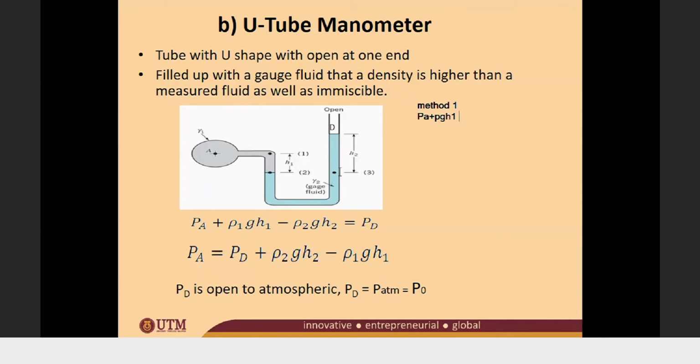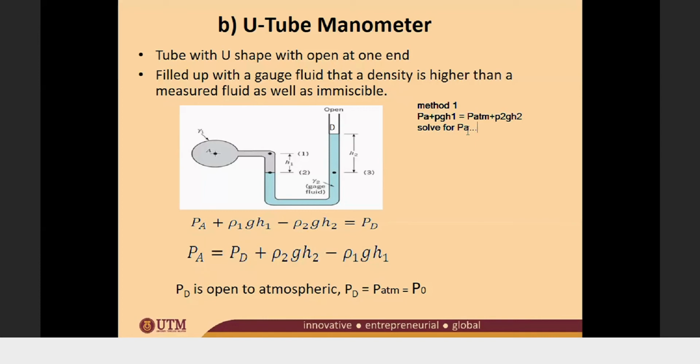So what is the pressure here? It's P atm plus rho 2 g h2. And then you solve for PA.